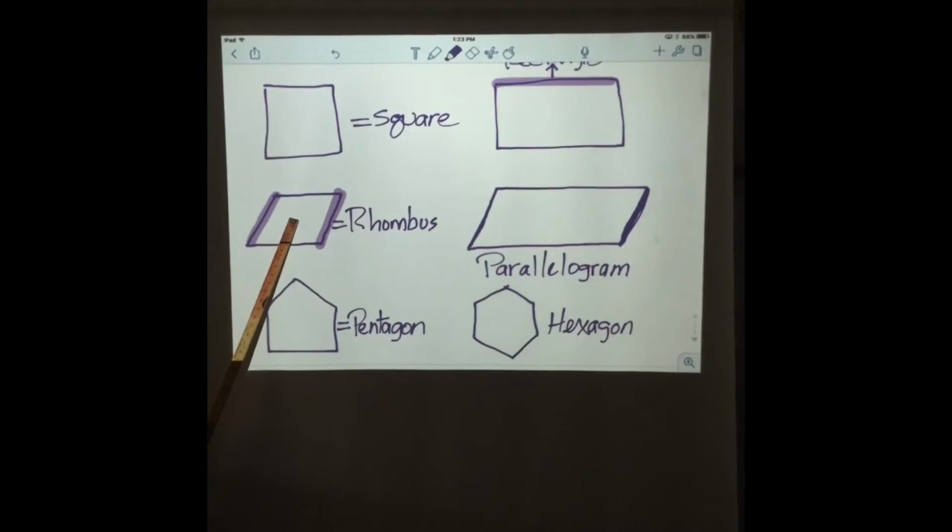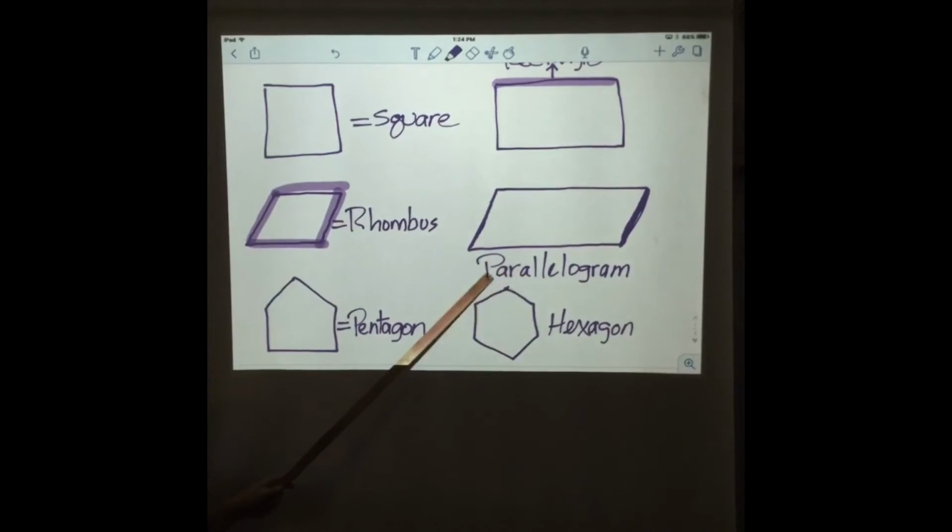Is it a quadrilateral? Quad means 4. Is it four-sided? Yes. Is it a polygon? It has many sides, yes. And is it a parallelogram? Yes, because this is parallel and these are parallel to each other.